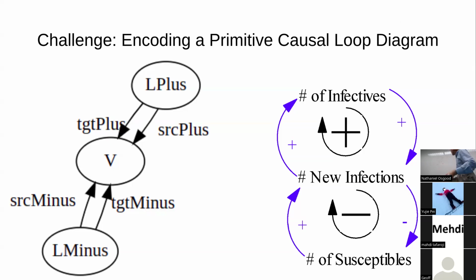So 1, 2, 3. Here's L plus. And then we need 2 extra columns for our encoding of this as a database. What are these? Source plus, target plus.